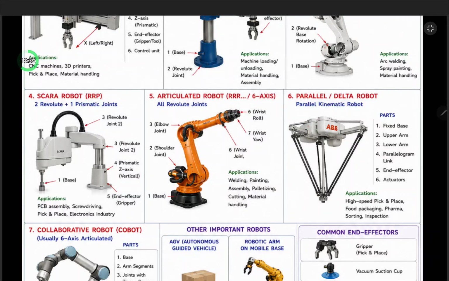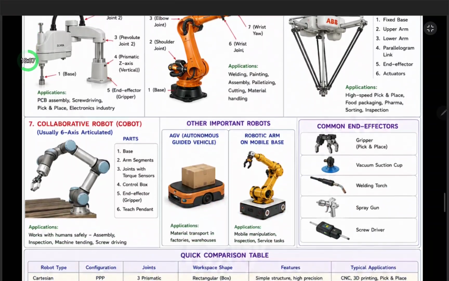Now the parallel or delta robot, a parallel kinematic robot, has parts like a fixed base, upper arm, lower arm, parallelogram link, end effector, actuator. It is used in high speed pick and place, food packaging, pharma, sorting, inspection. Collaborative robot, usually 6 axes articulated, works with humans safely: assembly, inspection, machine tending, screw driving.